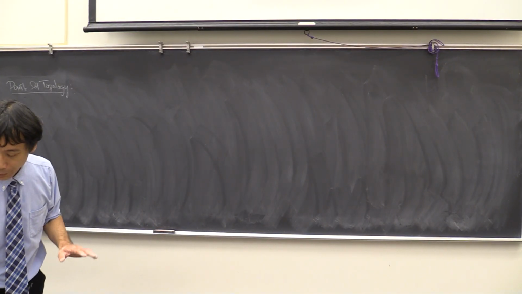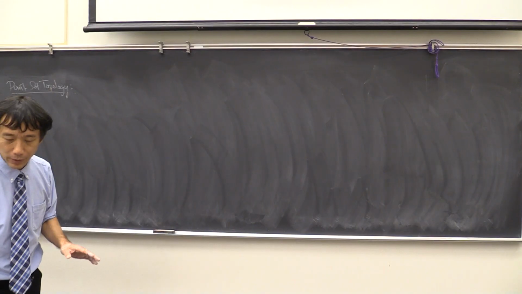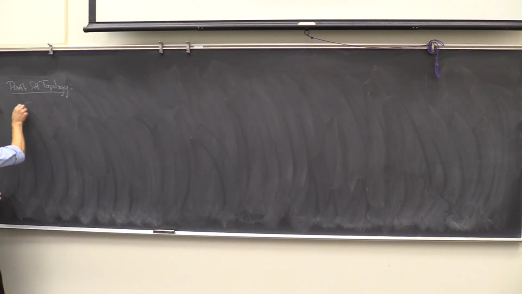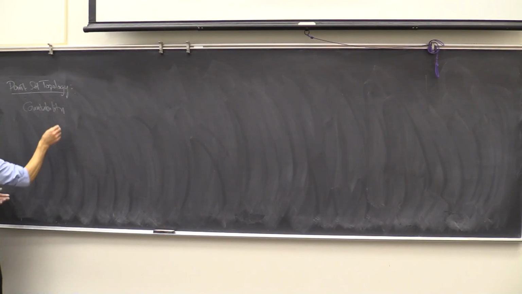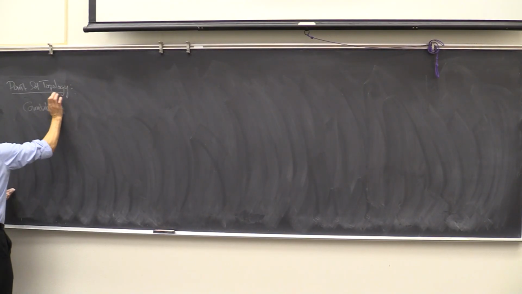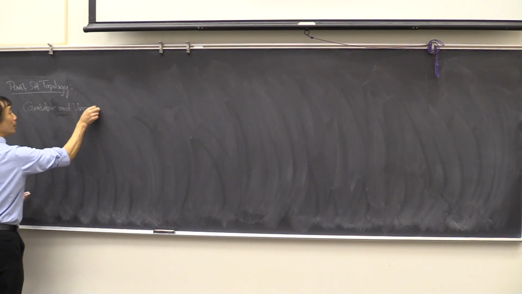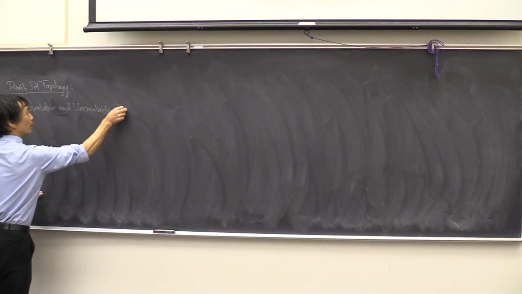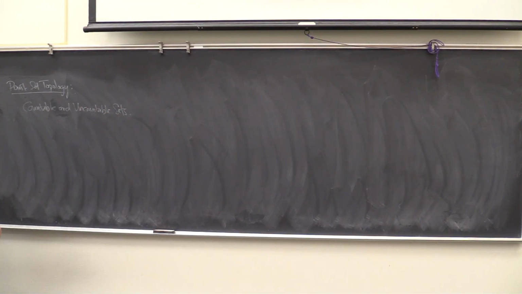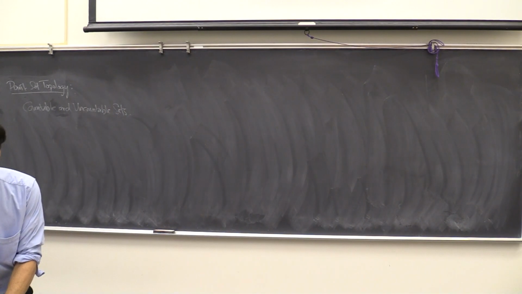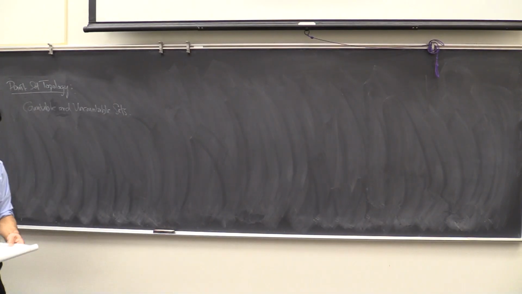Okay, so the first thing we're going to do in this chapter is a notion called countability, countable and uncountable sets. So we'll introduce a bunch of not so interesting definitions to get us up to the definition that we really care about.